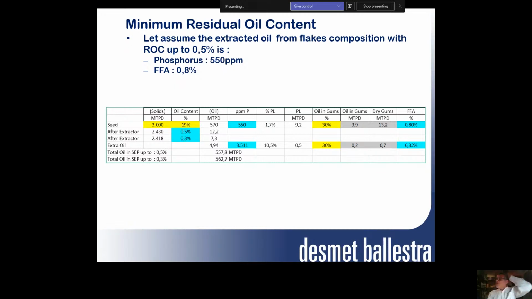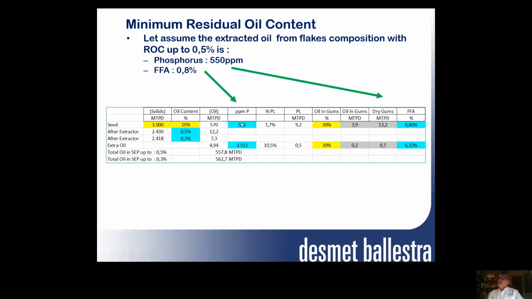Okay, it's the amount of free fatty acid existing in this seed, and it can be seen here, together with the ppm of phosphorus.